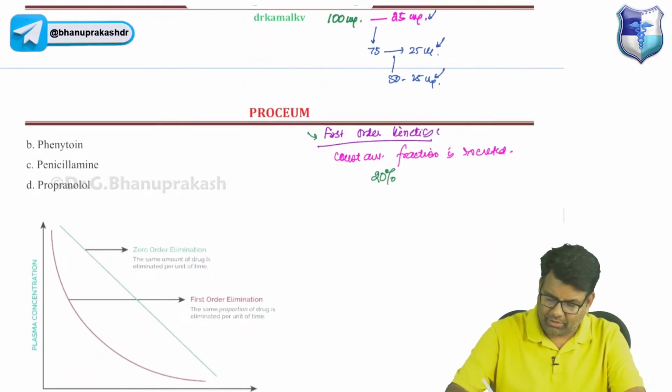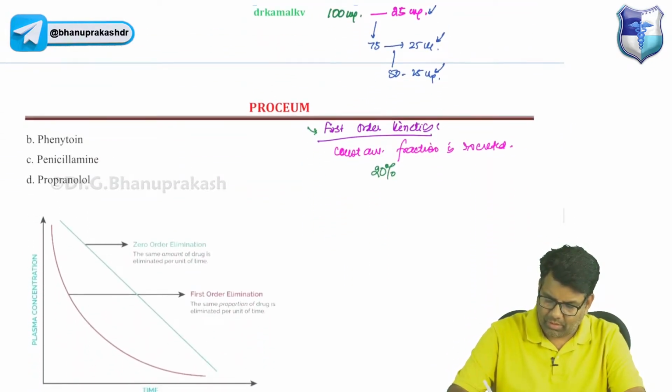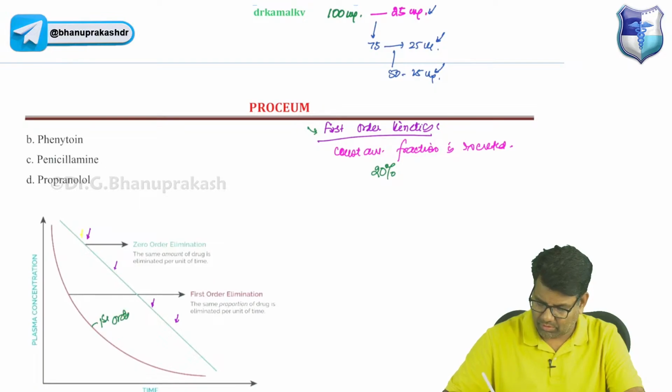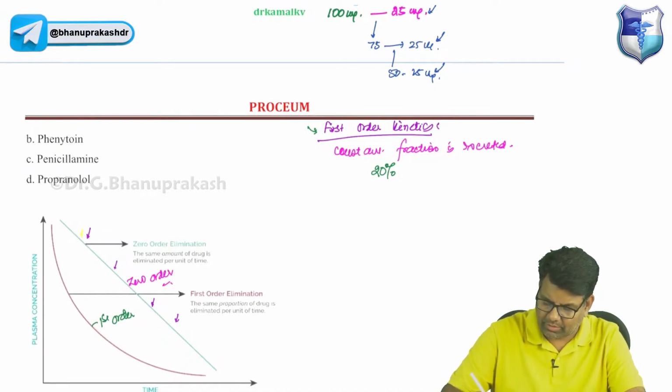And if you look at the curve, for zero order kinetics, it is a straight line, and for first order, it is a curved line. So in zero order, there is a constant amount which is excreted.